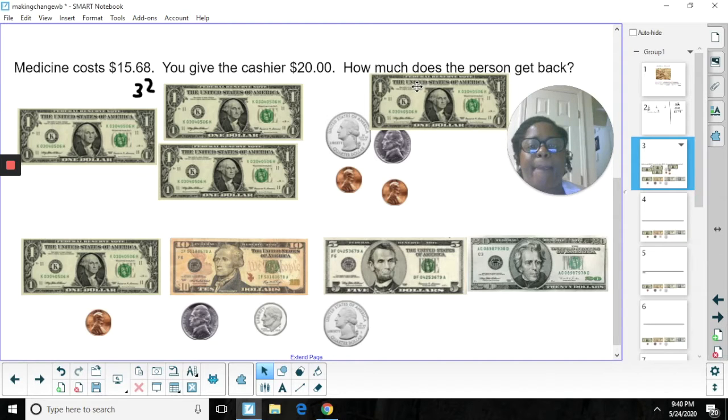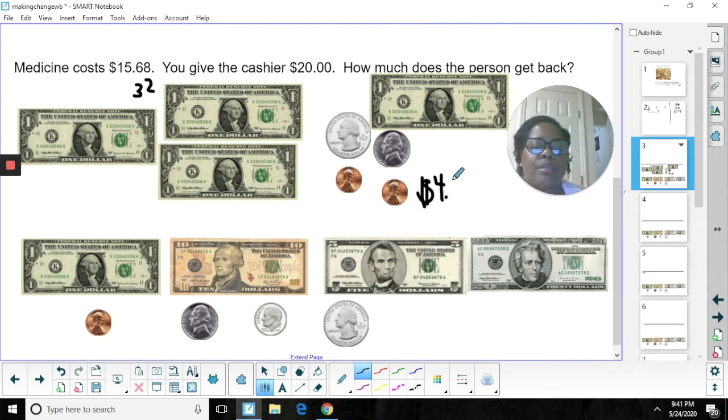Okay. So let's count to see what the change will be. 1, 2, 3, 4. $4 and how much? 32 cents. That's what the change is going to be. Let's write it. $4.32. Okay, that's your change.